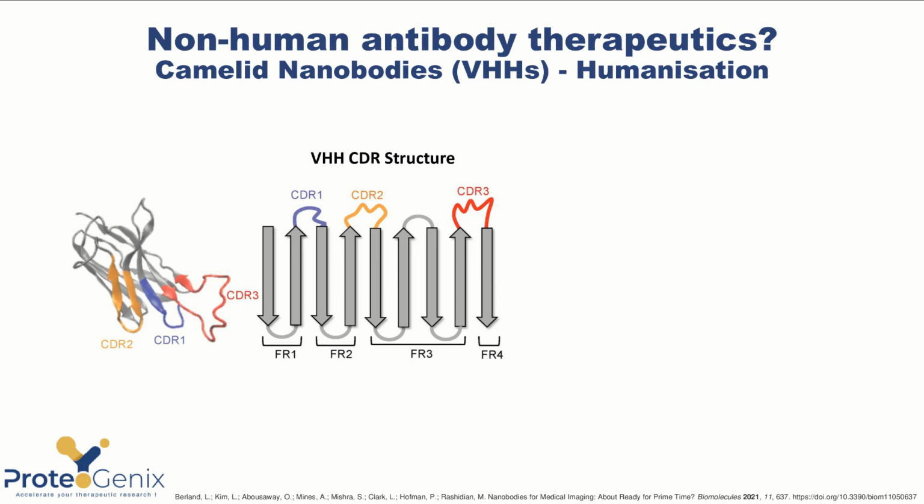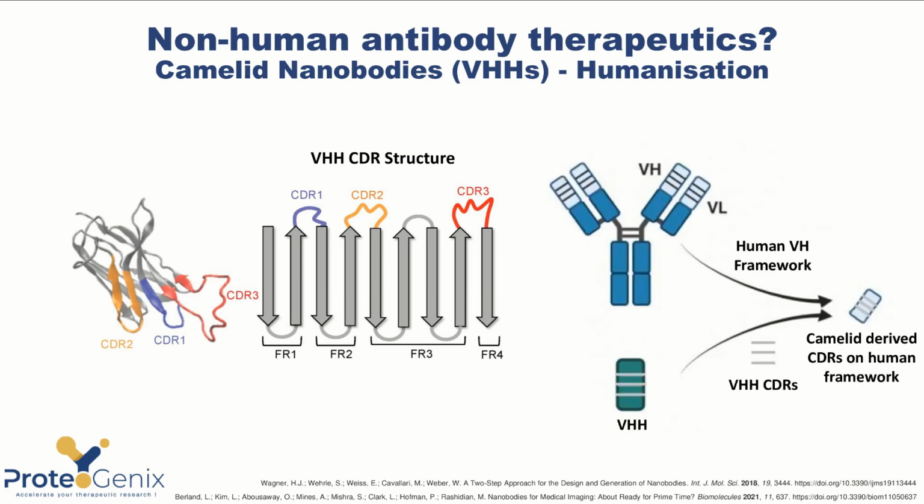As shown here, the structure of a VHH is comprised of a framework with 3 complementarity determining regions, or CDRs, which are responsible for antigen binding, with the rest of the nanobody, the framework regions, playing a mainly structural role.